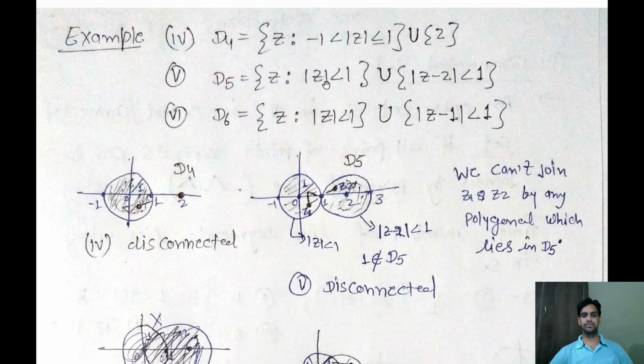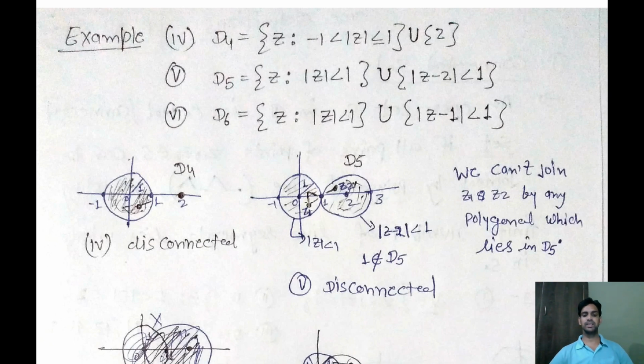Now look here, this is an open set, this is also an open set, and one point is not inside this common region. So if I take any point here and another point here, and I want to join them by a straight line, this one point comes in the way. We know this one point is not inside the set.